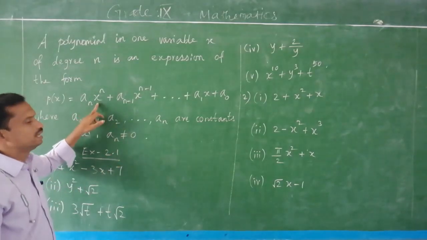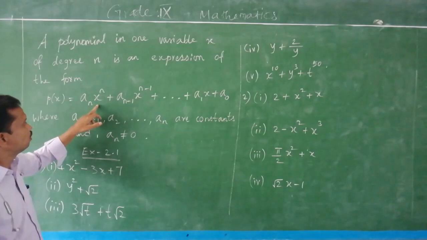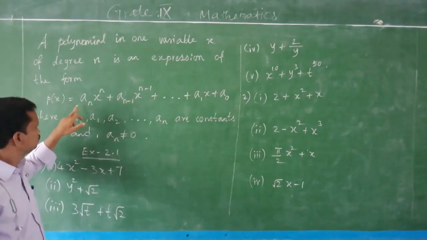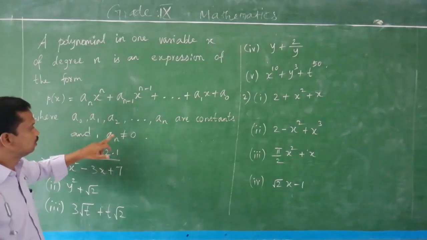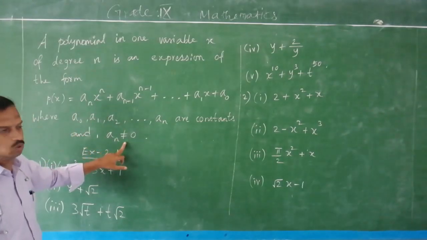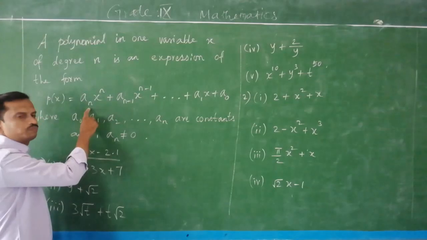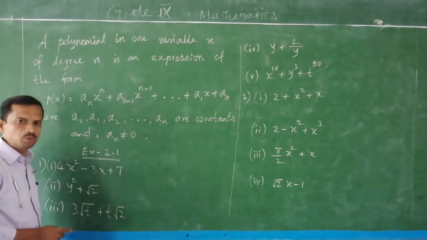What is an? An is the coefficient of x power n. The condition is the coefficient of x power n is non-zero, not equal to 0. So then only we can say it is an nth degree polynomial.